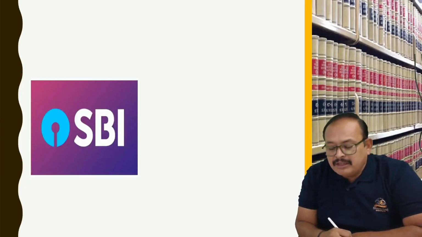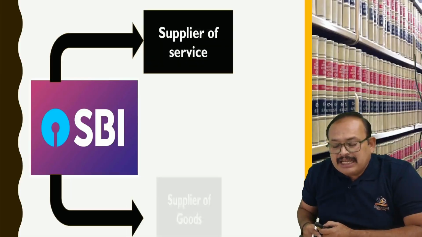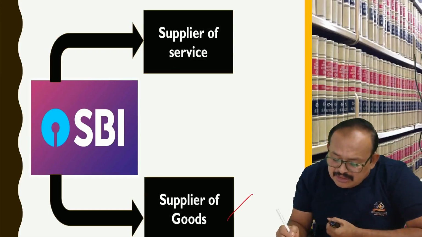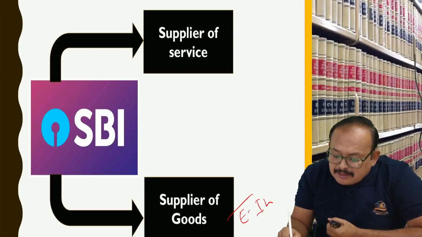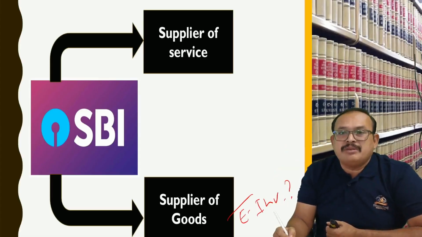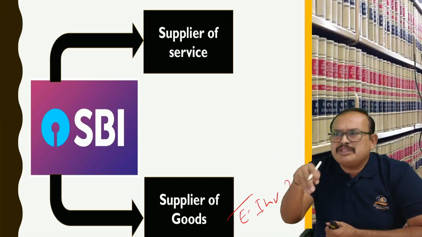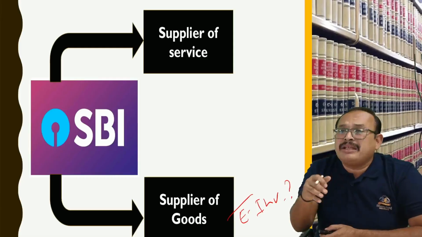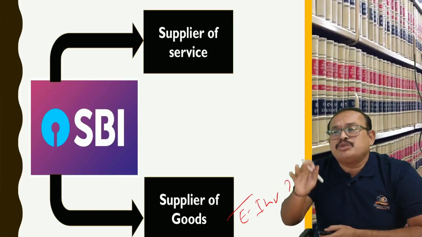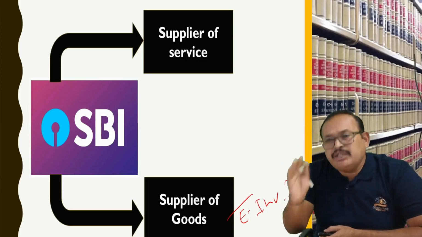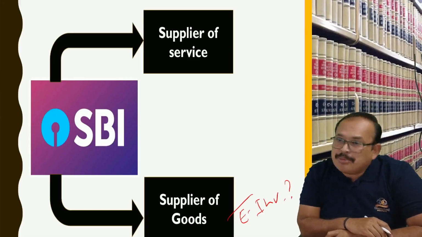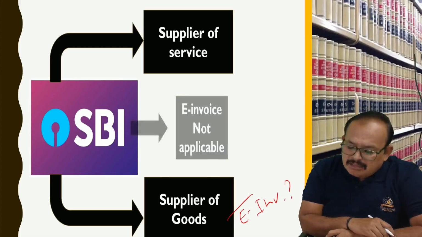If they supply goods along with the service, is e-invoice required? The clarification given by CBIC: just because the service provider banking company got an occasion to supply goods, the exemption granted from issuing e-invoice will continue to apply. As a result, even though the banking company supplies the goods, e-invoice is not applicable.